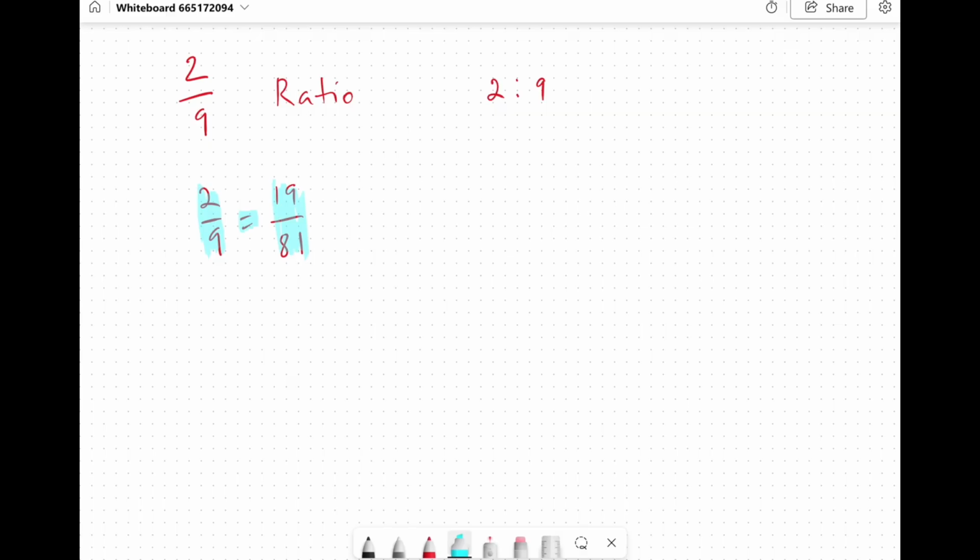Sometimes you may be asked if a proportion that's given to you is a true proportion or false proportion. To check if a proportion is true or false, you need to find what we call cross products. The cross products are a simple multiplication of two numbers inside of the proportion located at a diagonal.